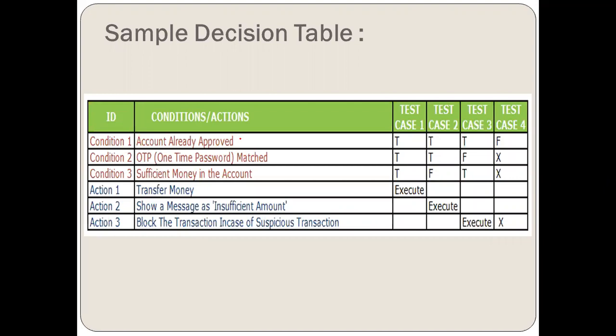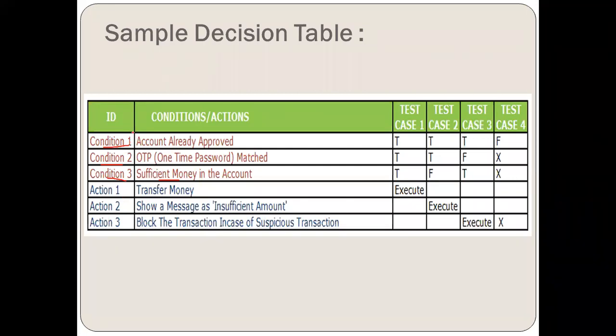Account already approved, condition 1. OTP, that is one-time password match, condition 2. Sufficient money is there in the account, condition 3. If all these three are okay, then what will happen? If any of those is not true, then what will happen?